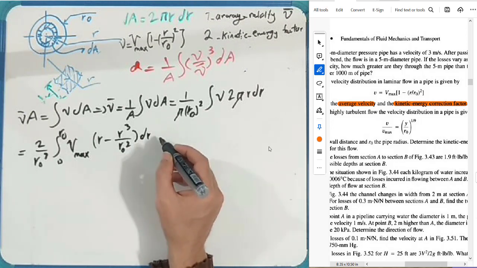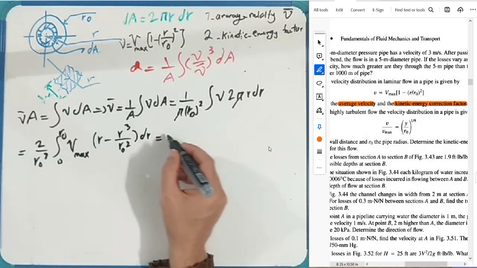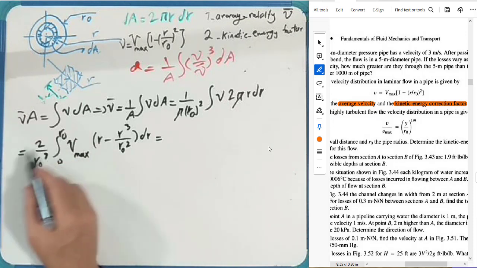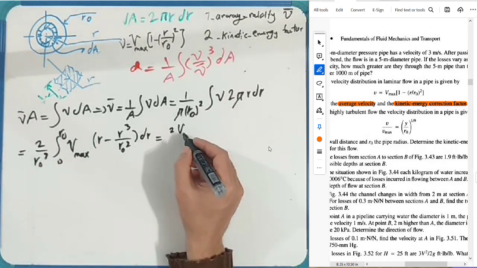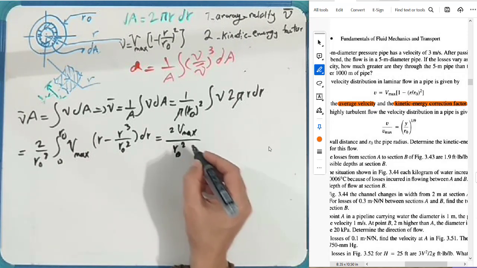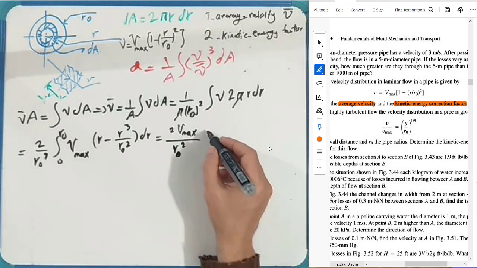Okay, then because the Vmax is constant, it will come out as Vmax over R0².